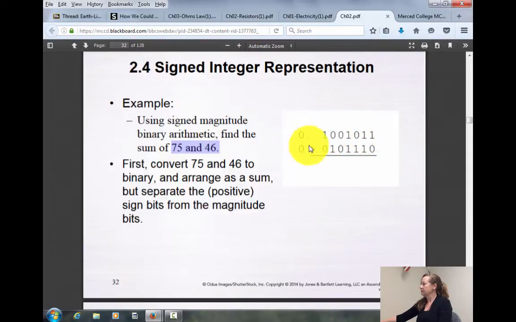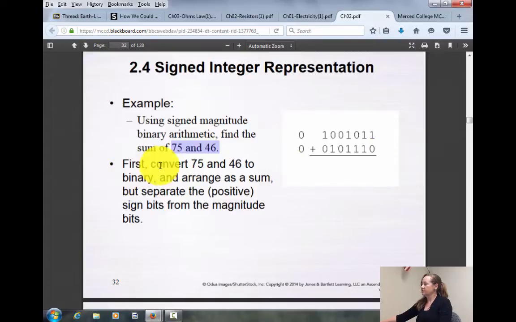So this is our 75, and then this is our 46. And you can see that this is the 2's place, right? 4, 8, 16, 32, that's 64 plus 8 plus 3. And so that would be your 75, right? Starting to be able to convert these in your head a little bit. Here's our 2, 4, 8 plus 32, that's our 46.